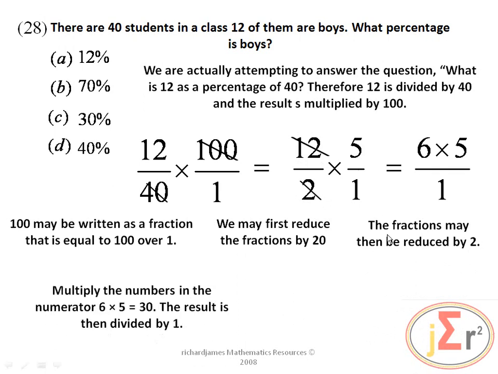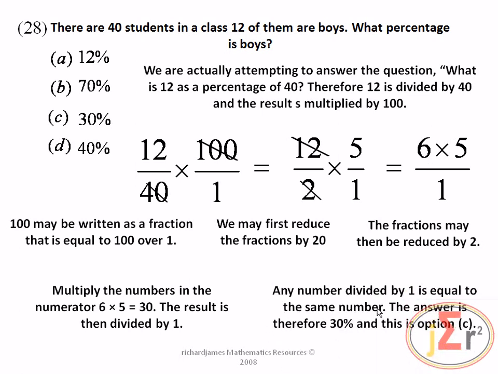Now, 6 multiplied by 5 is equal to 30, which is 30 over 1. Any number divided by 1 is that same number. So 30 divided by 1 is equal to 30. The result is therefore 30%. And that is represented by option C.